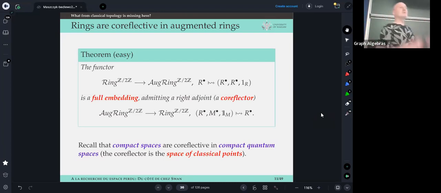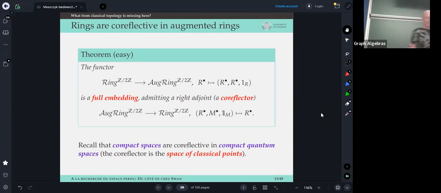In one direction, we repeat the ring, so we're creating this module M, which is R itself. In the opposite direction, we are forgetting about this module part and the distinguished element. Okay, and the situation of two categories, one a full subcategory of another, making this subcategory co-reflective, is very important.